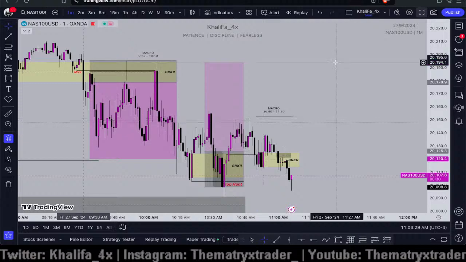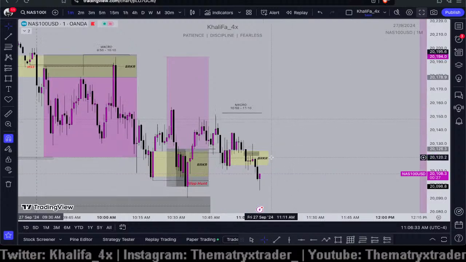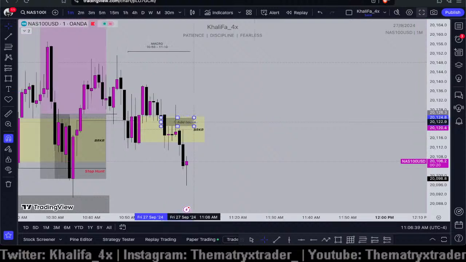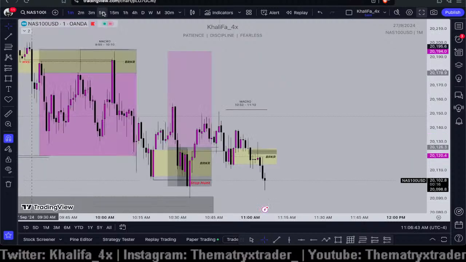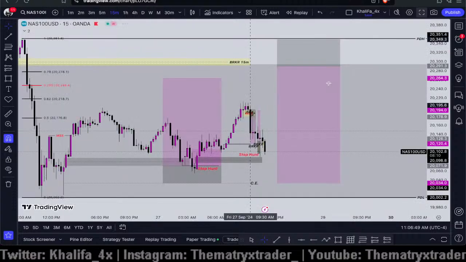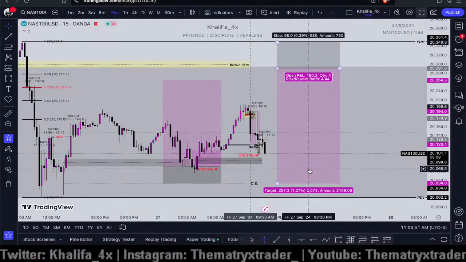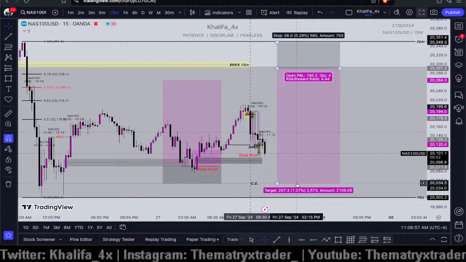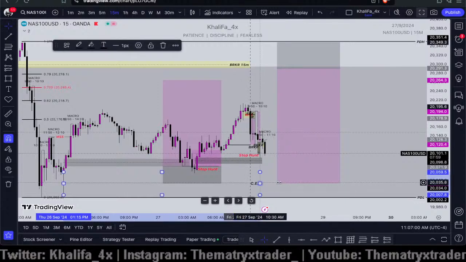It gave us an entry, mostly in the breaker, and obviously we have a liquidity pool for going short, which would be the consequent encroachment level.